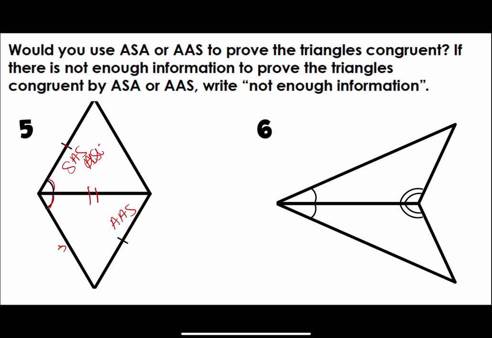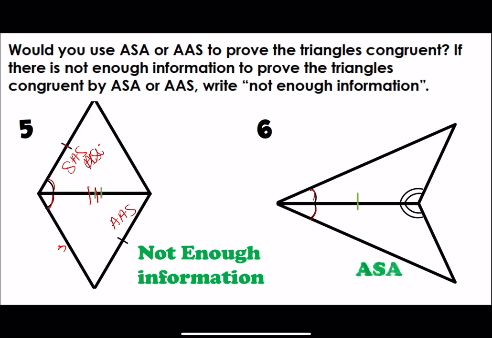And we're not doing either of those together. No, there's not enough information. All right, now let's try number 6. Hopefully it's better than number 5. All right, so we've got corresponding angles. This side in the middle is congruent using the reflexive property. And then our last 2 corresponding angles, totally good.